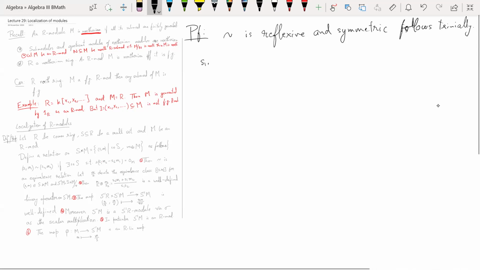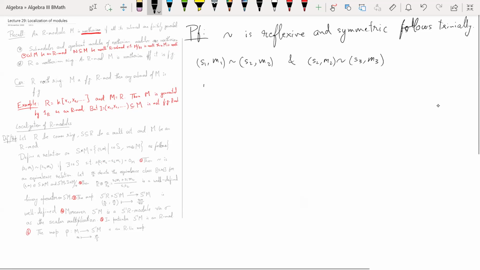let's say S1 M1 is related to S2 M2, and S2 M2 is related to S3 M3. Then we want to say S1 M1 is related to S3 M3. So you just write it down.